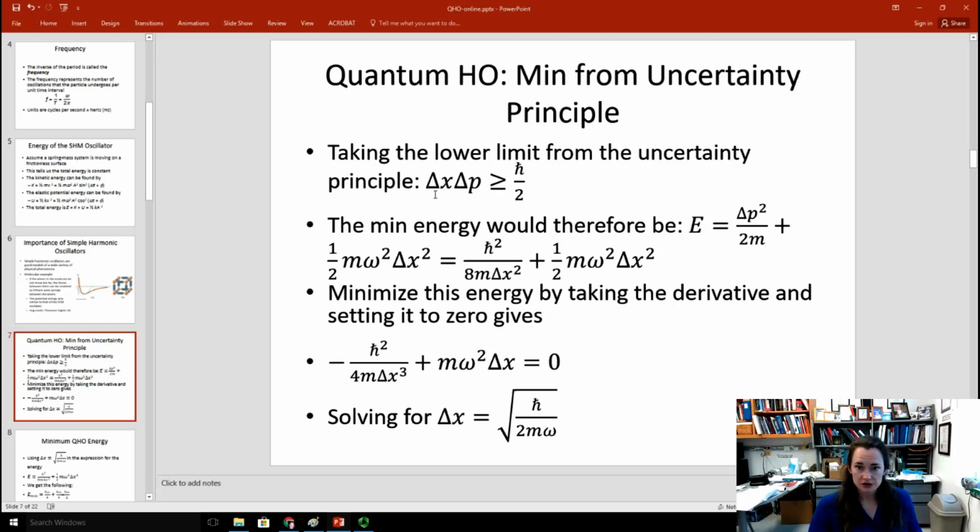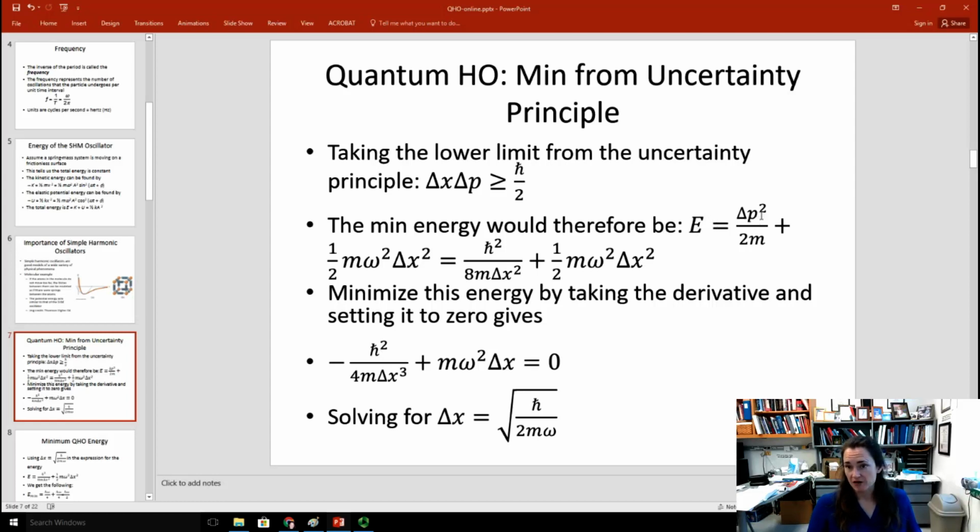You can use the uncertainty principle and the definition of the mechanical energy of a system to estimate what the lowest possible energy state for a quantum harmonic oscillator would be. Looking at the uncertainty principle, delta x delta p is greater than or equal to h bar over 2. And then the energy is going to be a sum of the kinetic plus the potential energy.